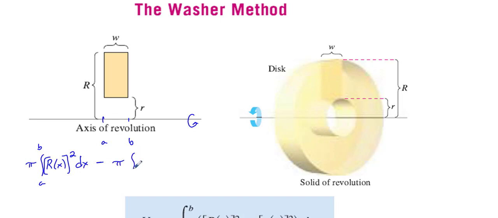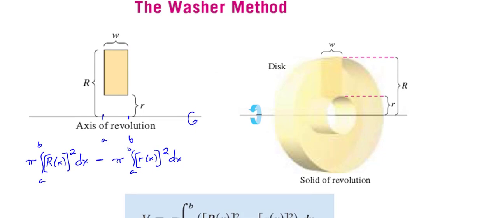Pi times the integral from A to B of little r, I'll call it r of x, squared dx. So all we're doing is taking the outside radius like we normally would and subtracting out that inside radius, the inside part that would create that hole.